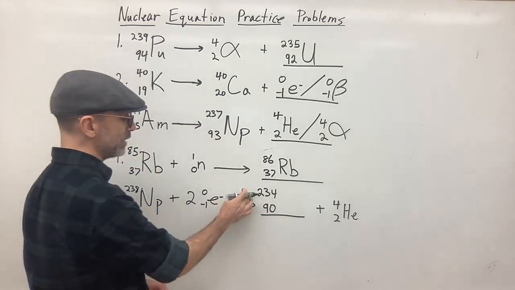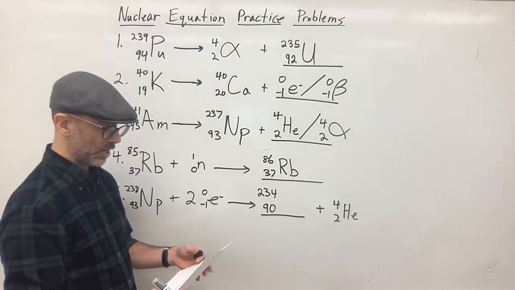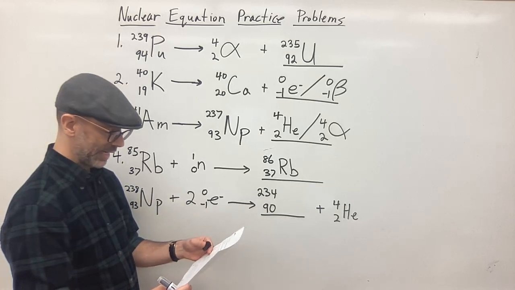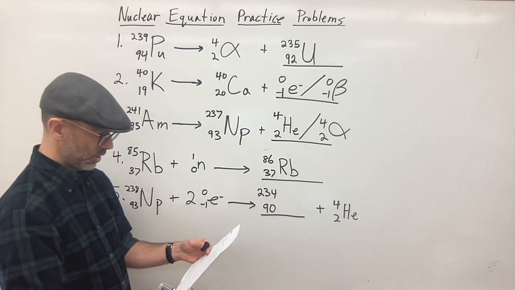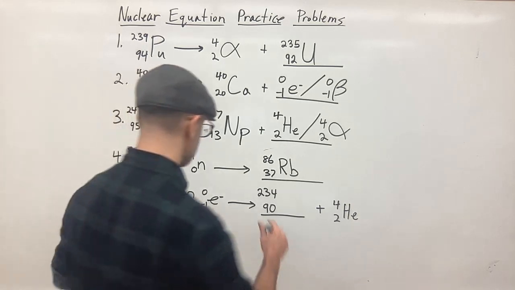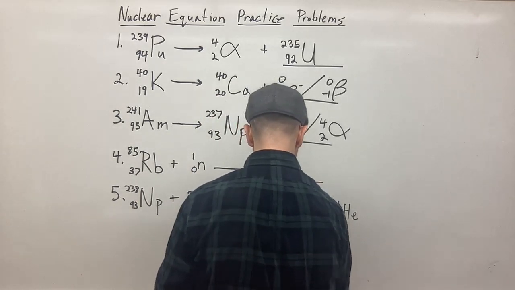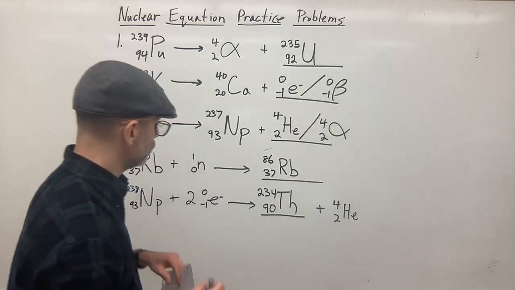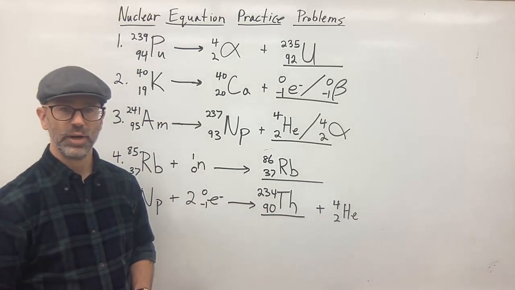So now I have my 2 numbers. I know the number of protons, so I look up that number on the periodic table. I look up 90, and 90 is thorium. So thorium, Th. And so here we now have our balanced nuclear equation.